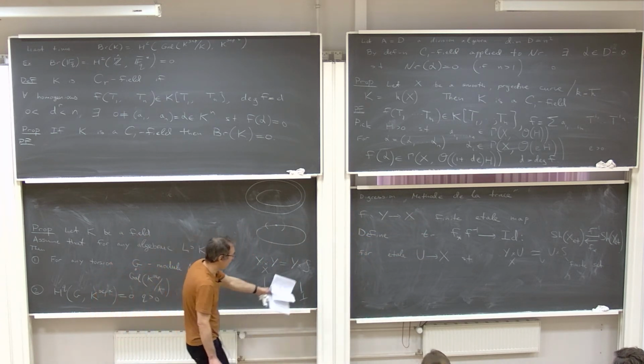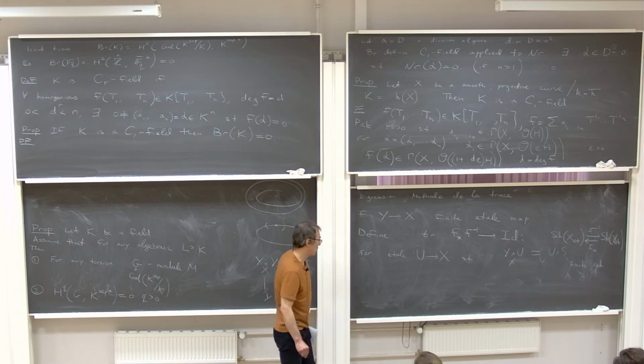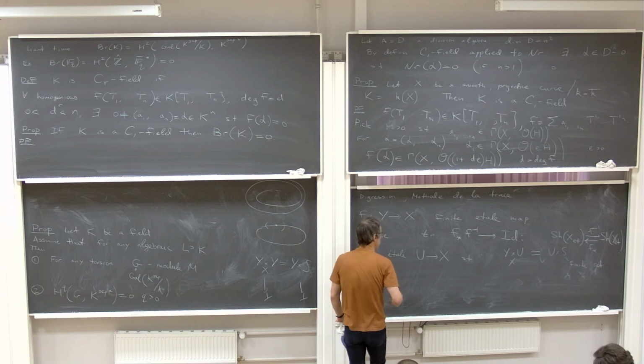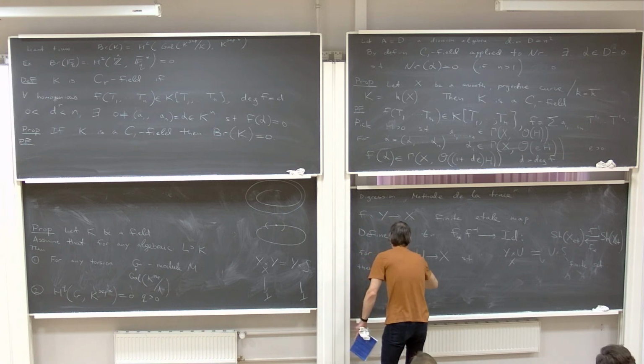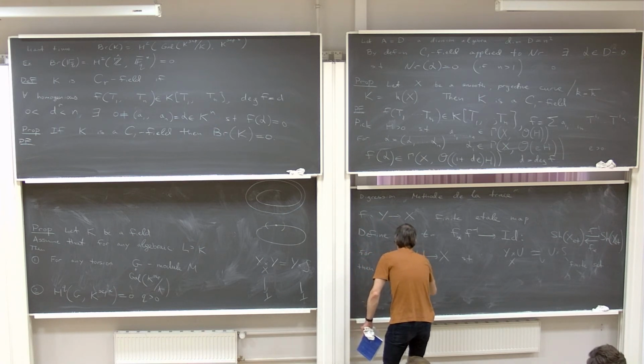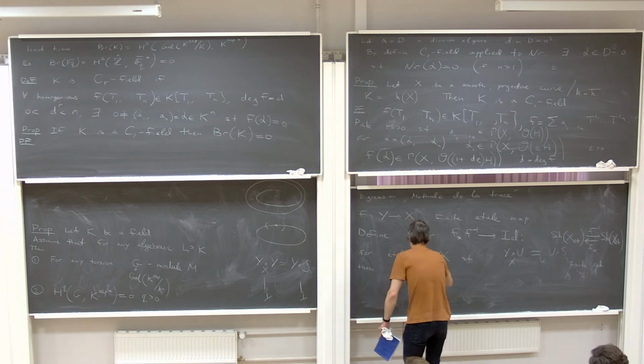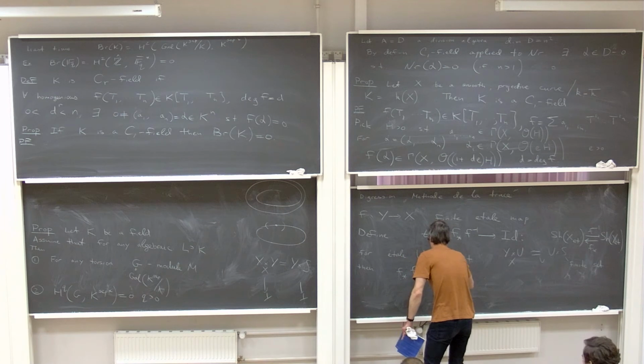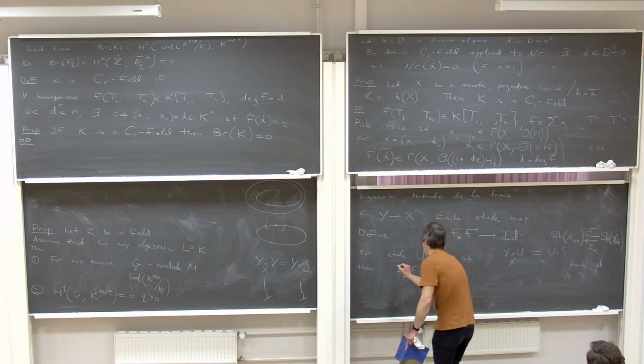So suppose I have an étale u with this property. Then what is f lower star of f inverse applied to some sheaf f at u?